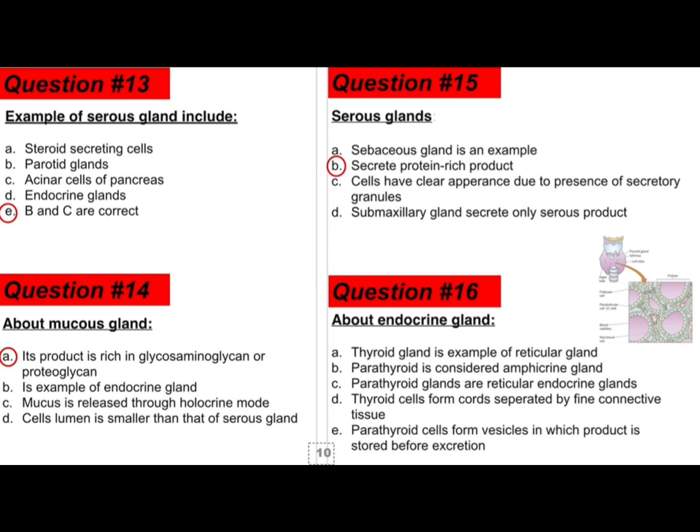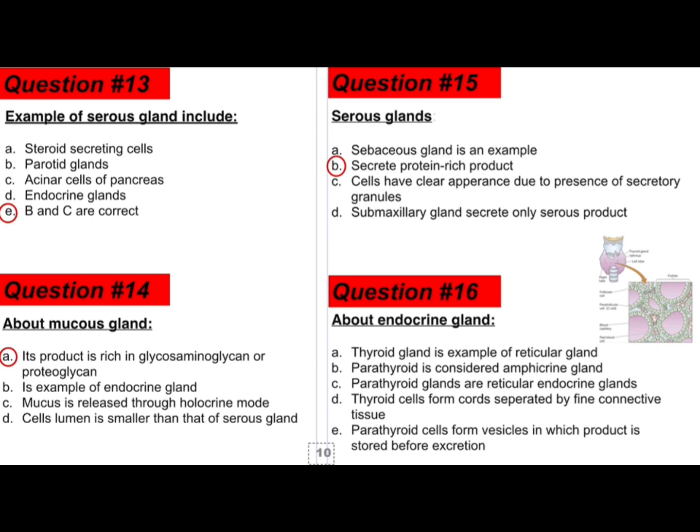Concerning question 16 about endocrine gland. Option A, thyroid gland is an example of reticular gland. This is false because thyroid gland is an example of vesicular or follicular gland formed of epithelial cells surrounding the lumen, as you can see to the right of the question. Okay, option B, parathyroid is considered an amphicrine gland. Wrong, parathyroid gland is an endocrine gland.